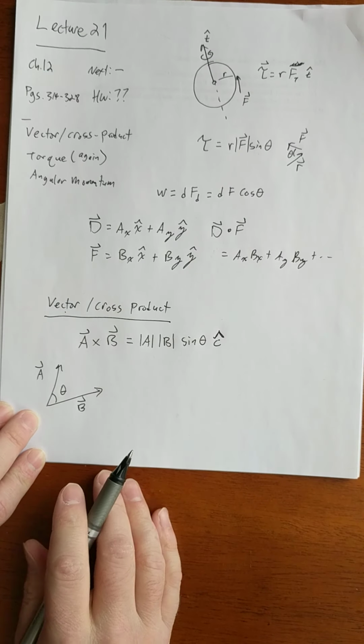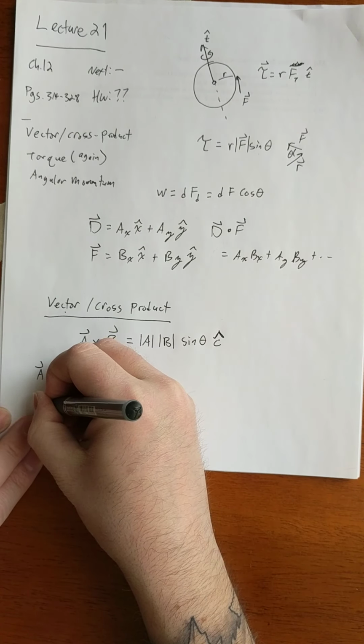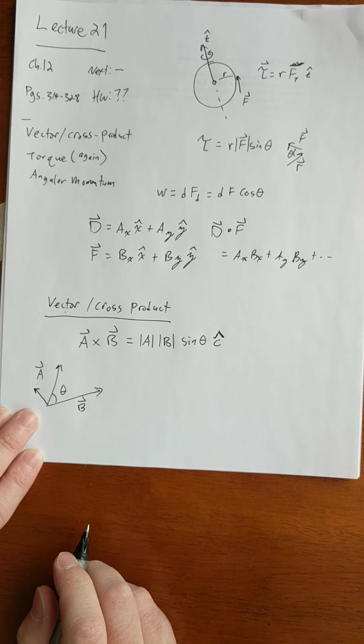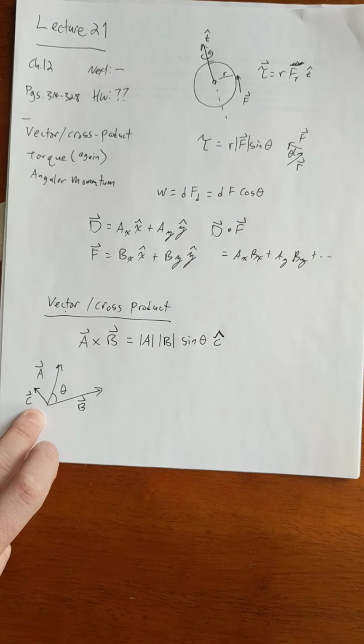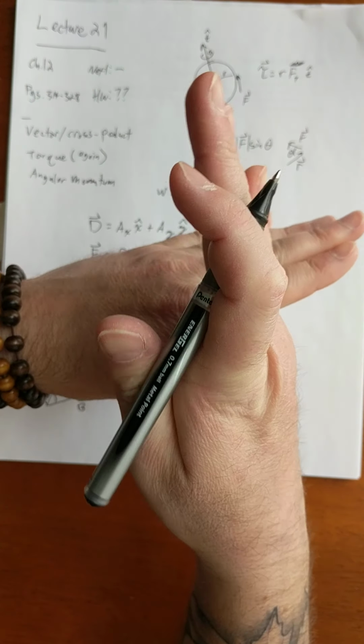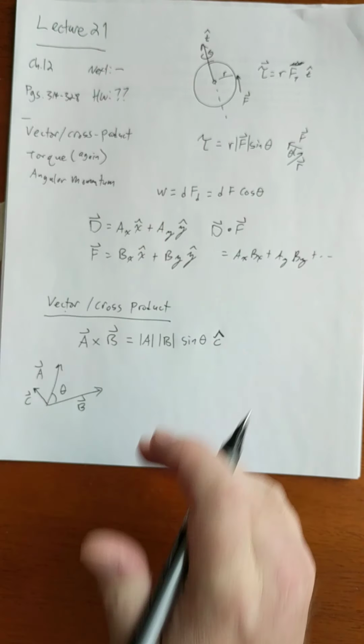This unit vector has a property that it's perpendicular to the other two vectors. So if I can put those two vectors in the same plane, like this.